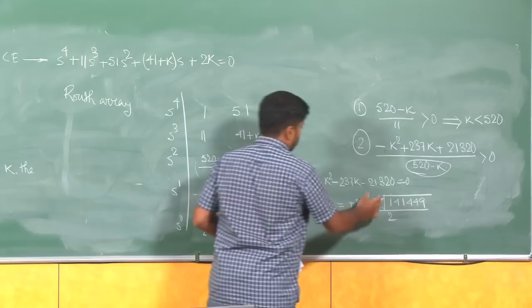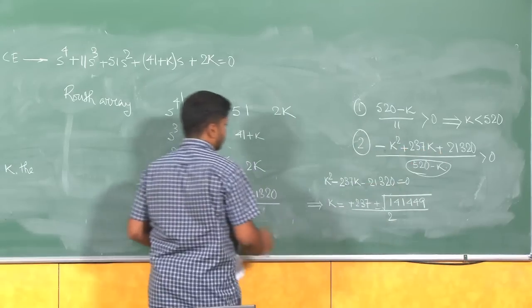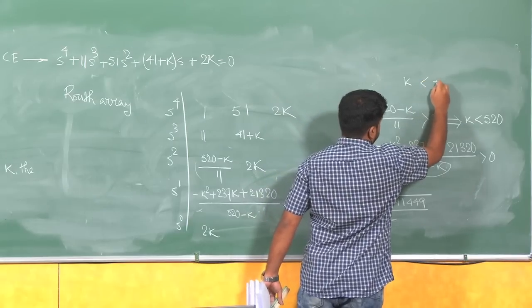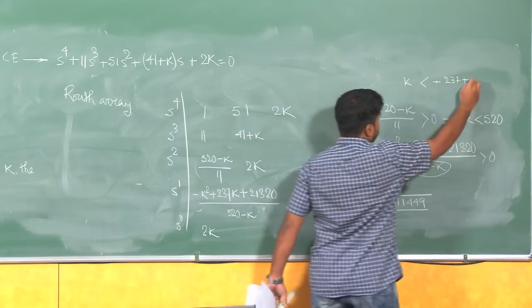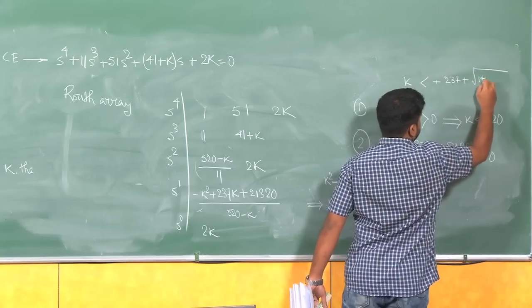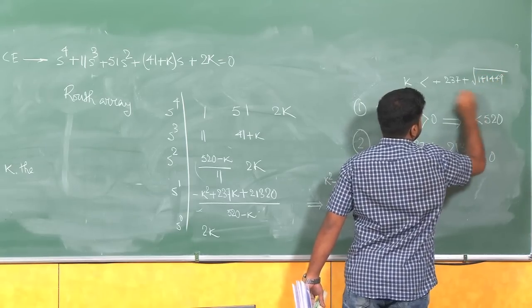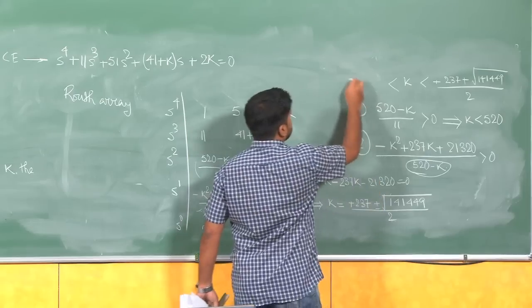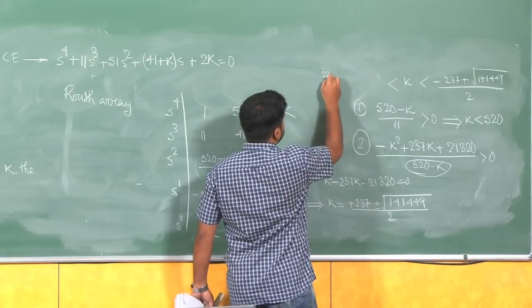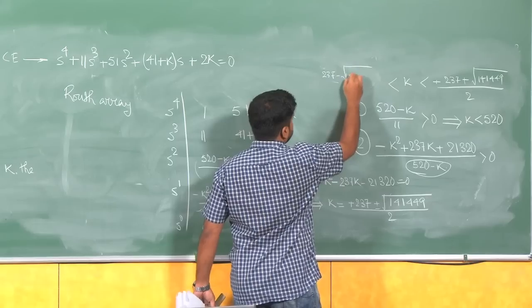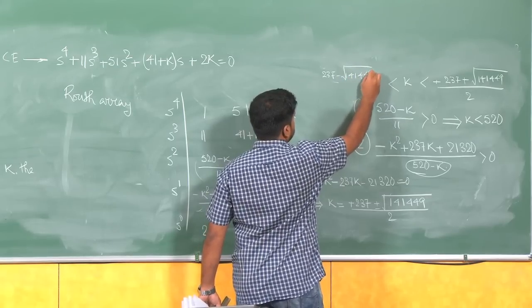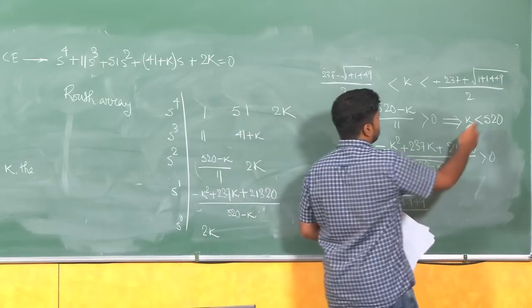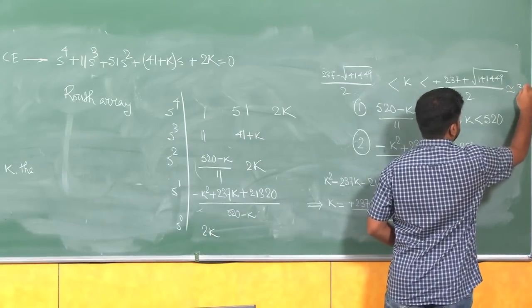If this term is to be greater than 0, k should lie between (237 minus root 141,449) by 2 and (237 plus root 141,449) by 2. This upper root is almost equal to 367.